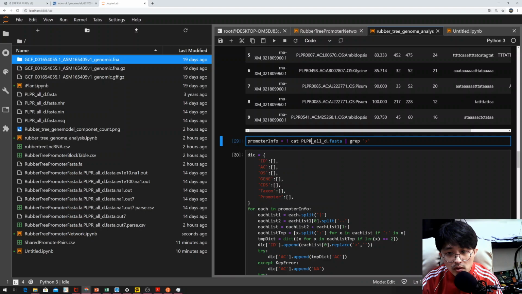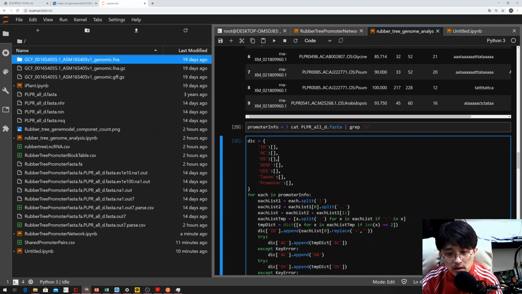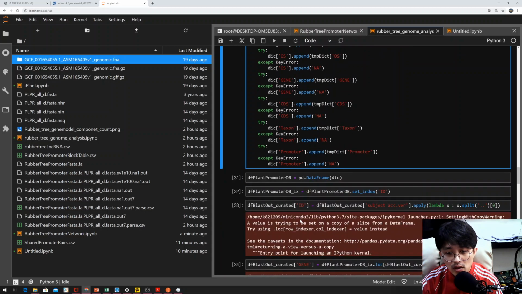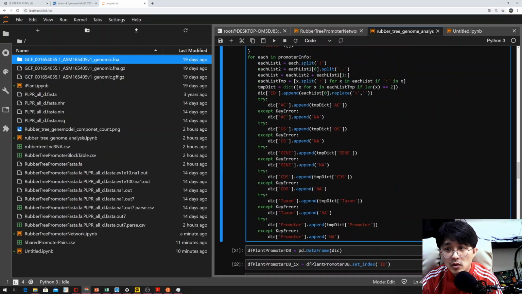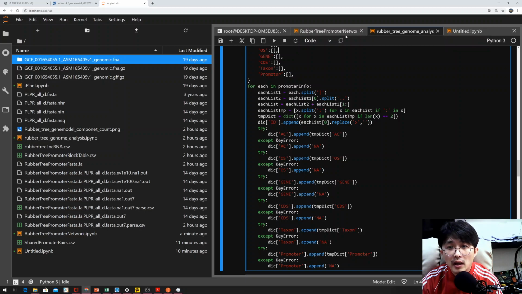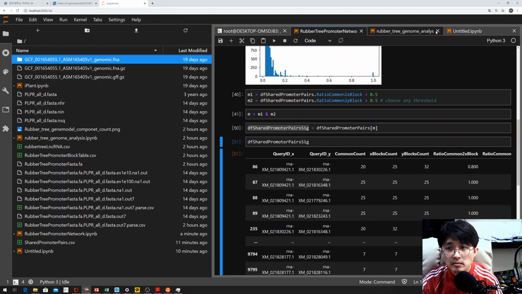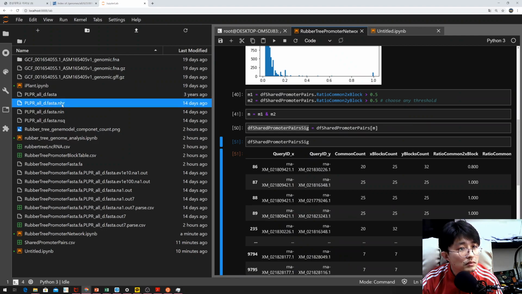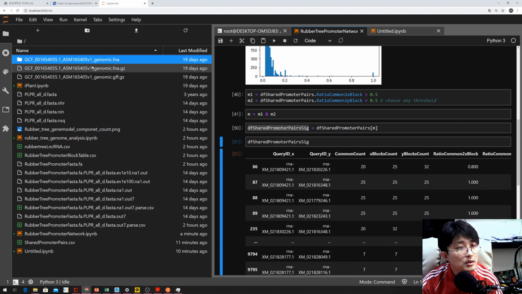Yeah, okay. So I parsed the promoter information in this way. Then we need to retrieve the gene annotation from this. No.